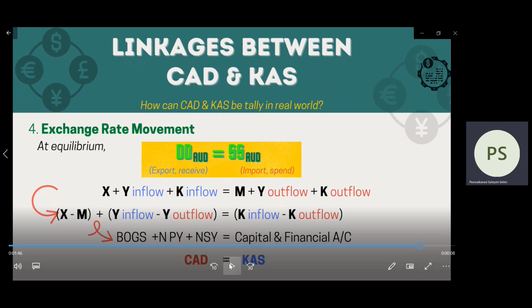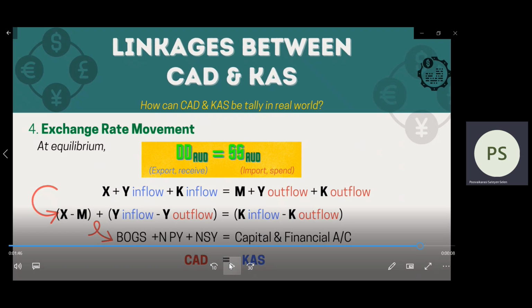So the relationship is, whenever there is export, when other countries are buying from us, in other words Australia is exporting, the demand for AUD will rise, causing appreciation. On the other hand, if we import more goods from another country, then we have to supply our AUD. When we supply our AUD, it will depreciate.